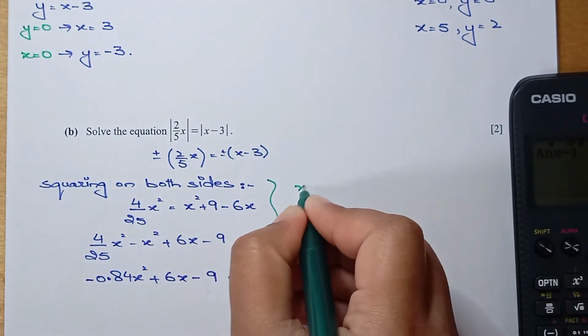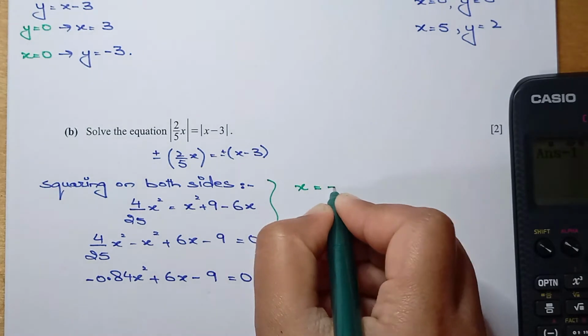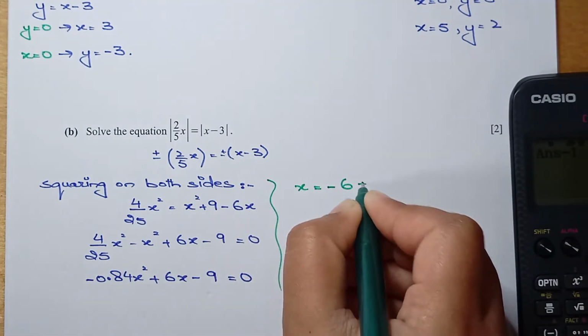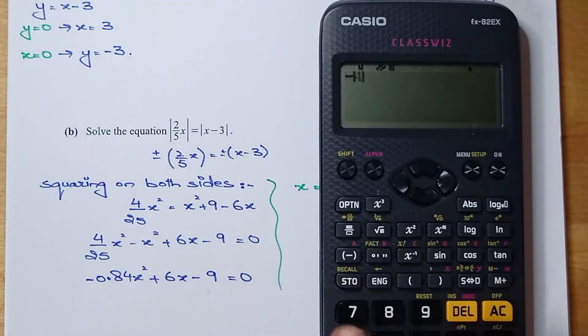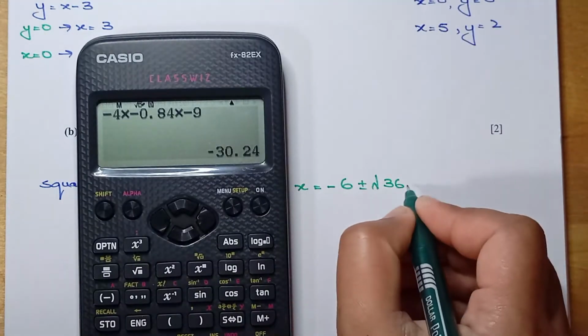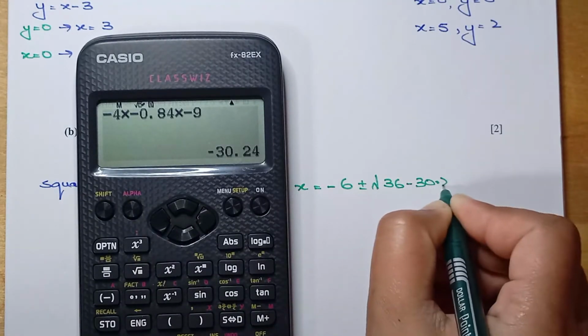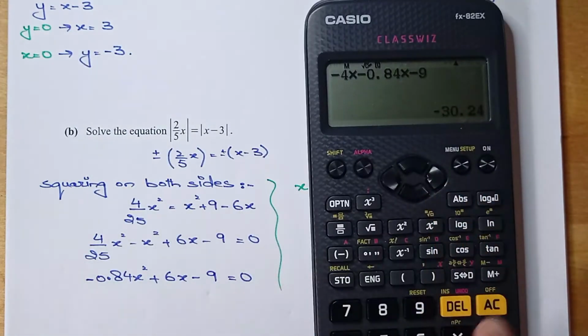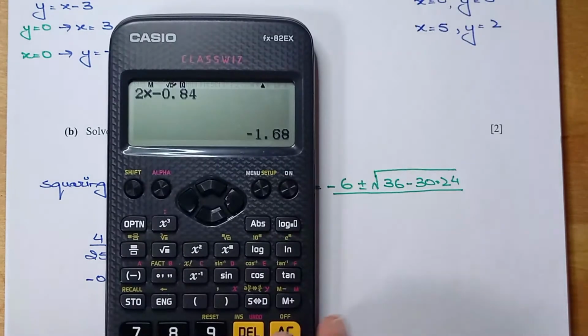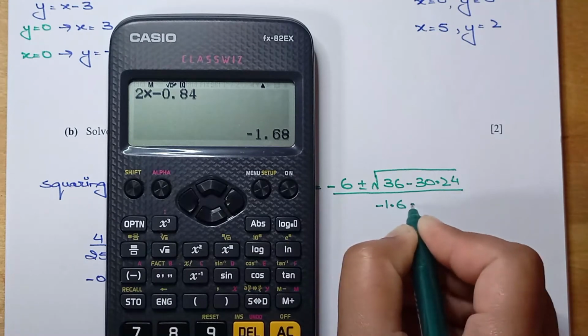So let me apply the quadratic formula here. We have x equals negative b, where b is 6, plus minus the square root of b square, 6 square is 36, minus 4ac. So minus 4 times a, which is minus 0.84, times c, which is minus 9. This equals minus 30.24. And this is divided by 2 times a, that is 2 times minus 0.84, minus 1.68.